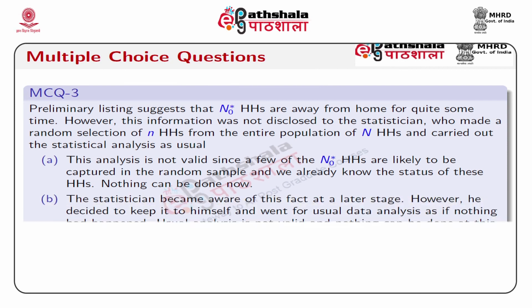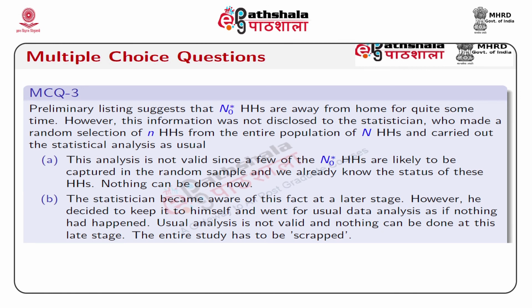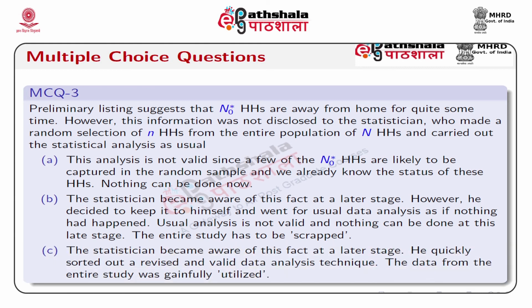The statistician became aware of this fact at a later stage. However, he decided to keep it to himself and went for the usual analysis, etc. The entire study has to be scrapped. Usual analysis is not valid and nothing can be done, etc. The statistician became aware of this fact at a later stage. He quickly sorted out a revised and valid data analysis technique. The data from the entire study was gainfully utilized.